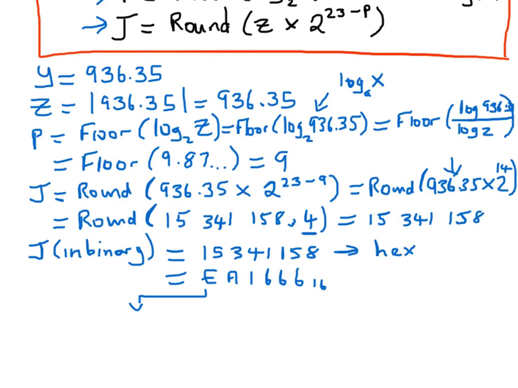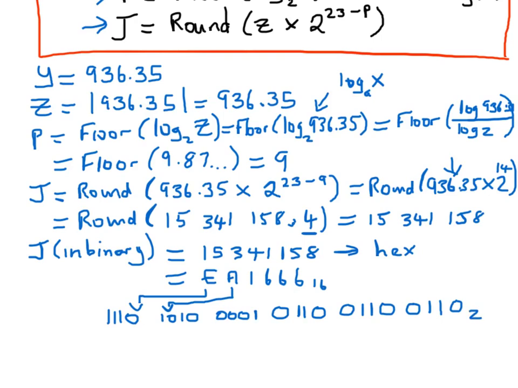And what I get is E is 1110, A is 1010, 1 is 0001, 6 is 0110, and there's 3 of them, 0110, 0110.